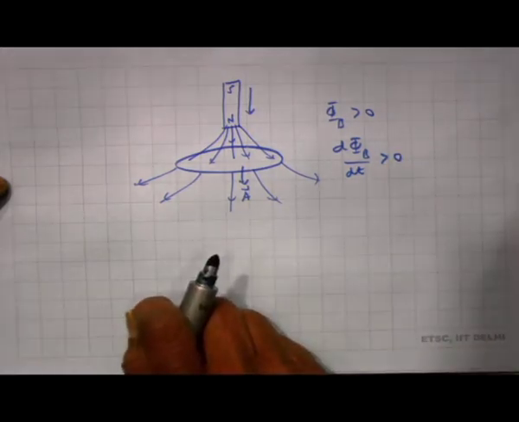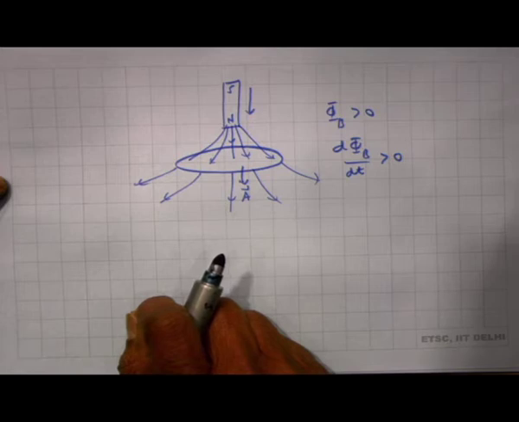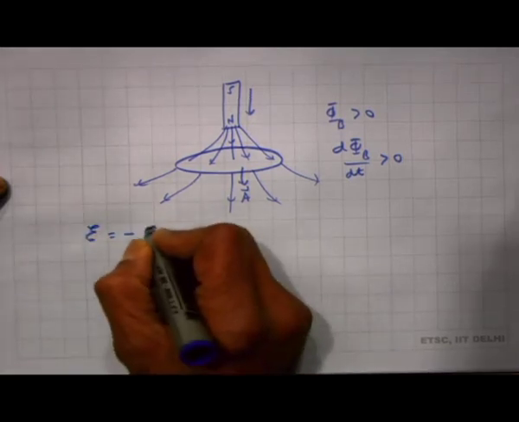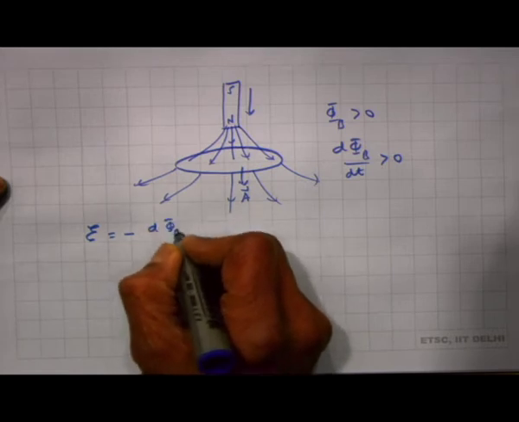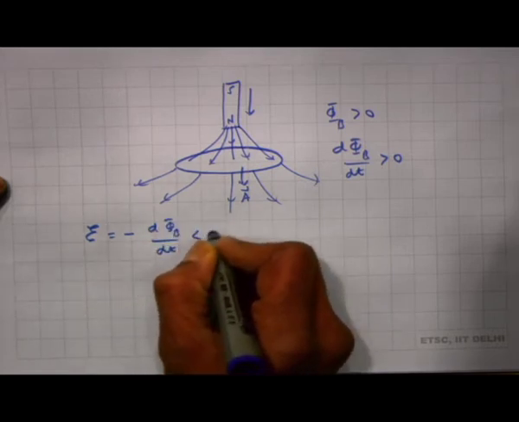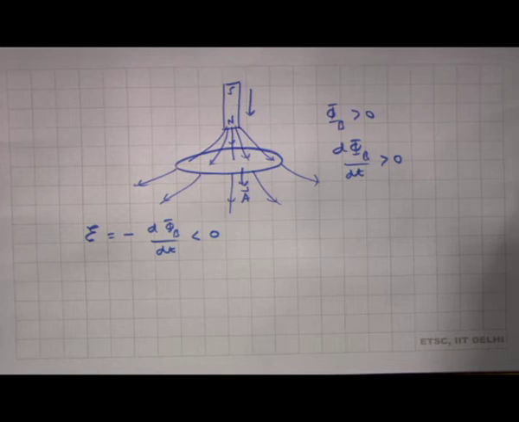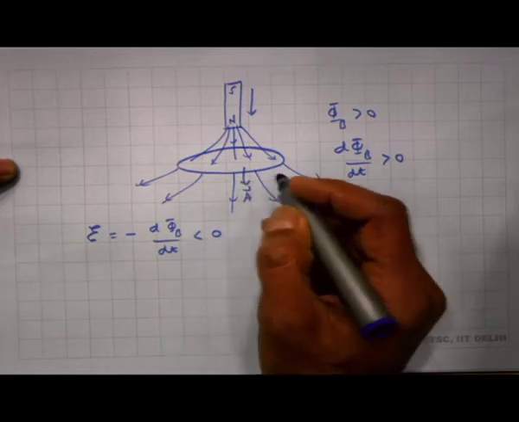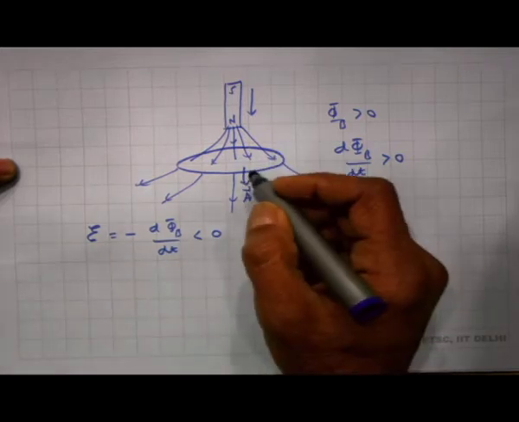So, the flux is positive and increasing with time. So, there is an induced EMF which is minus d phi_B by dt, which is negative. So, the induced EMF in this loop is negative, which means that the current induced is such as to oppose this increase in magnetic flux.